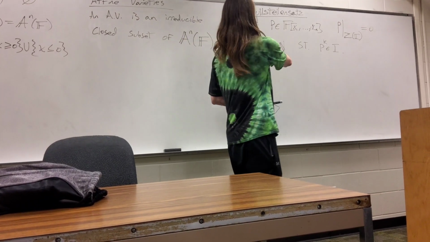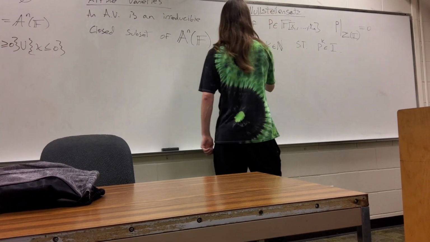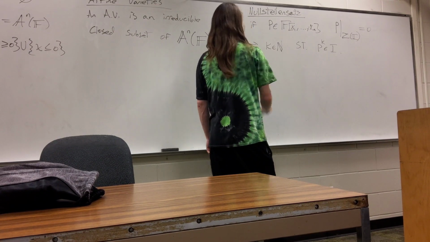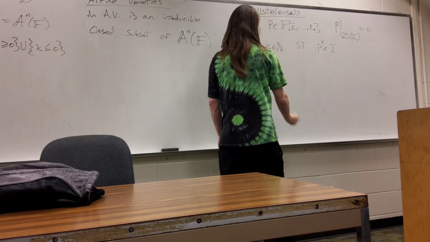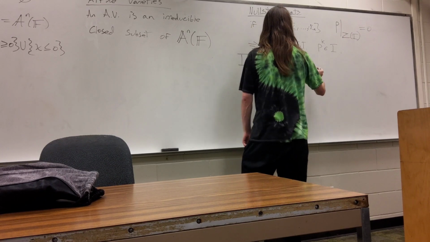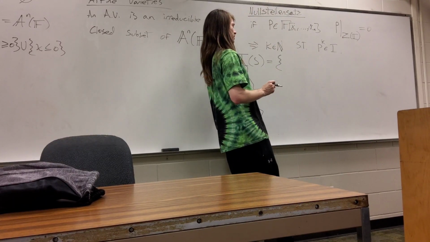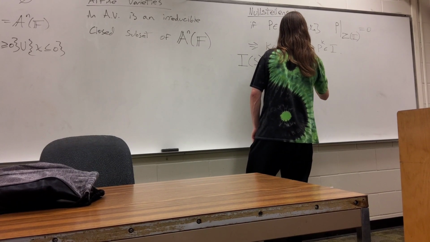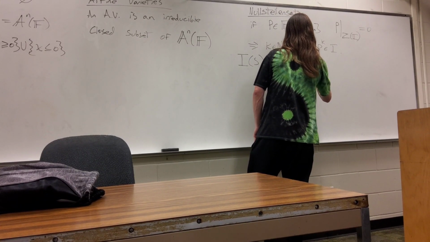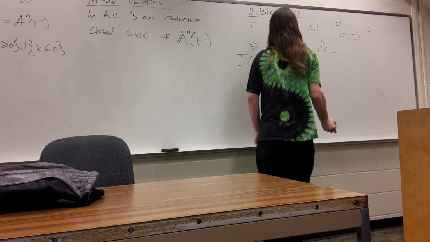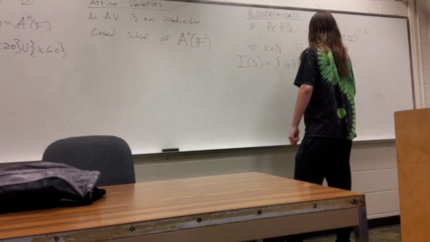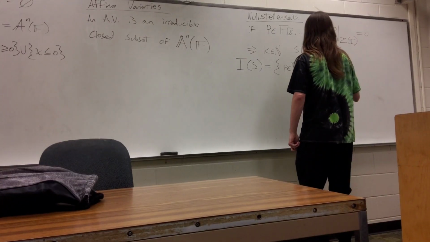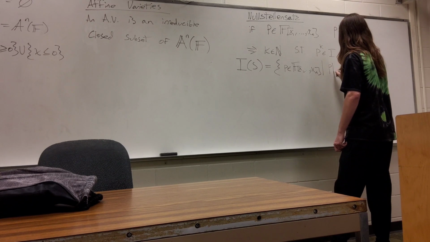And then what this situation is saying is that now if I define the map I, which associates subsets of affine space to, now this is going to be an ideal. It's going to be all polynomials that vanish on this set. This gives me a mapping from subsets of affine space to ideals, such that P of S is equal to 0.